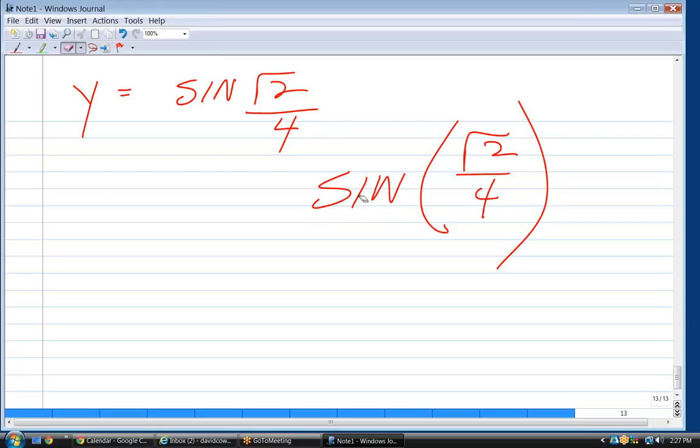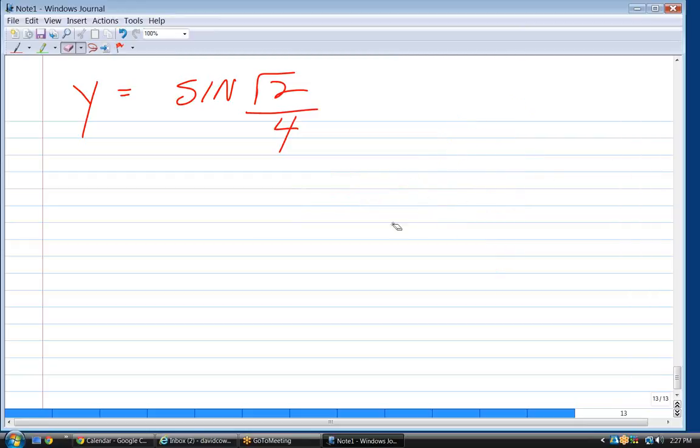They don't really tell you whether this is in degrees or radians. Usually if it's in radians, there's a pi in there. So the fact that there's no pi, you don't really know whether they're talking degrees or radians. You have to know, because it could be either one.